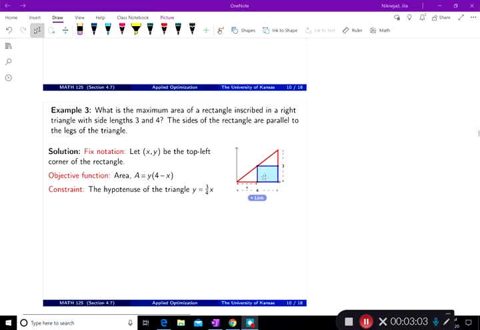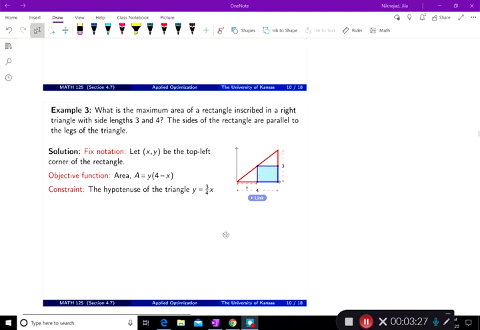So what is happening is that 3 over 4 is equal to this little length above divided by the other side of the triangle, which is 4 minus x. Or the other way of saying this is that 3 over 4 is also equal to this length over x, that is y over x.